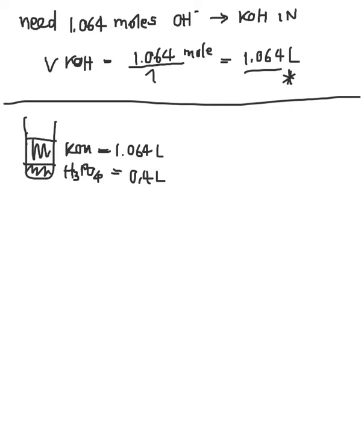And then since we need to prepare 40 liters of phosphate buffer, the last part is you need to top up with water to reach 40 liters. So the answer for this question has to mention all three components here: H3PO4, KOH, and water to reach 40 liters.